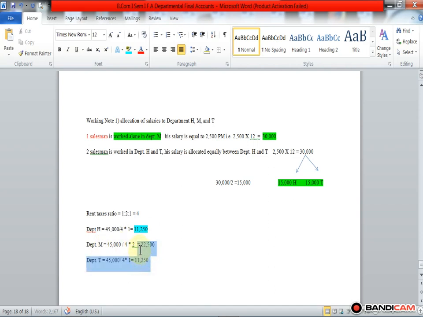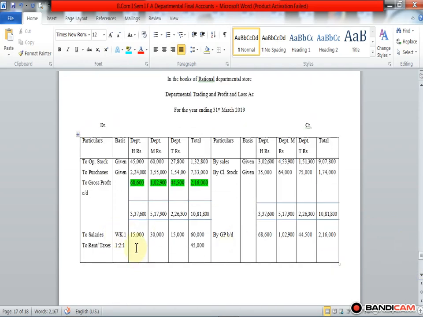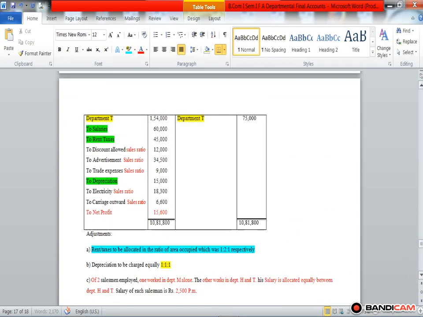Okay, so we allocate the rent and taxes to each department. So write it here: 11,250, 22,500 and 11,250.